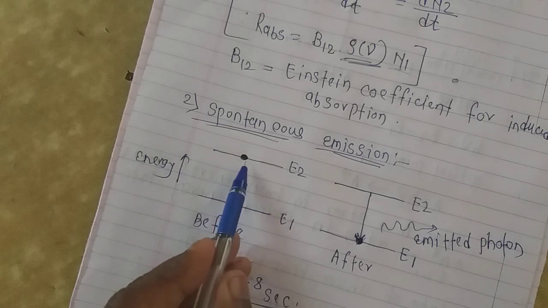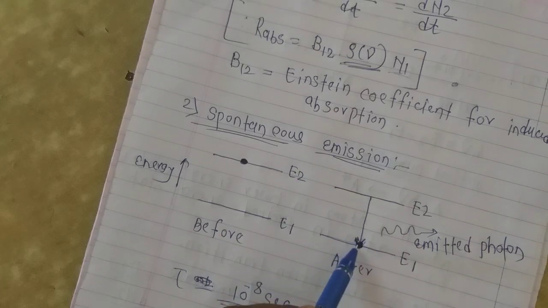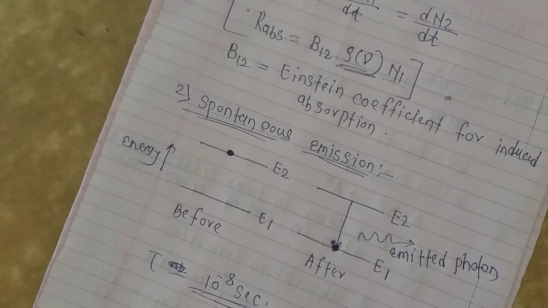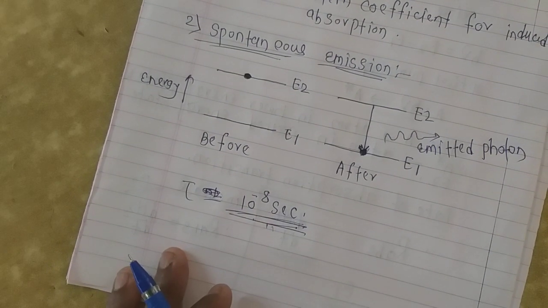After that, the excited atom goes to the lower energy level E1, but in that process the atom emits the photon, and that transition is known as spontaneous emission.